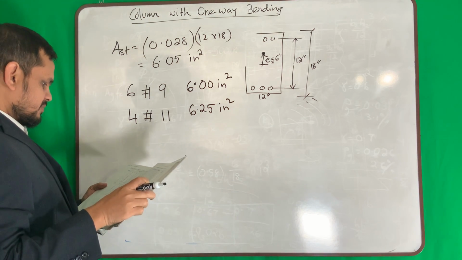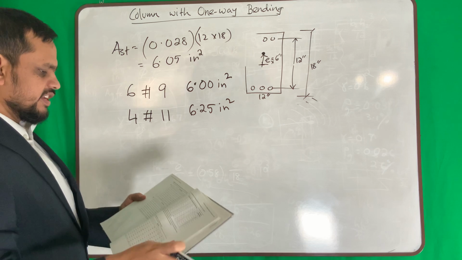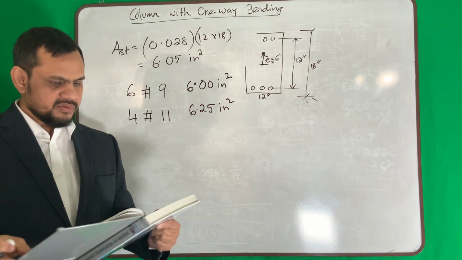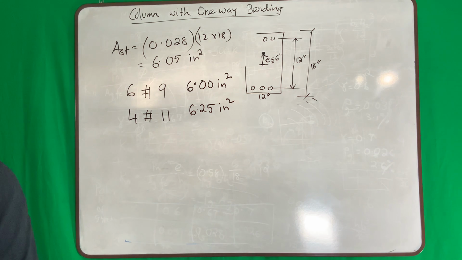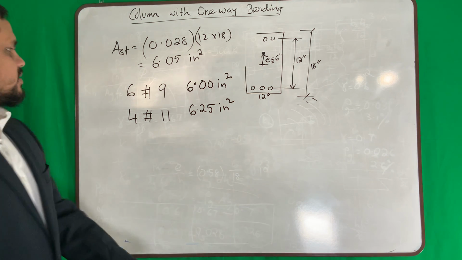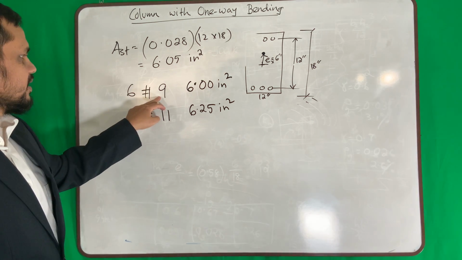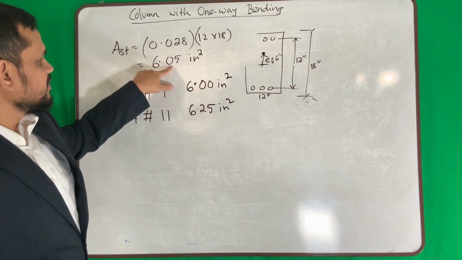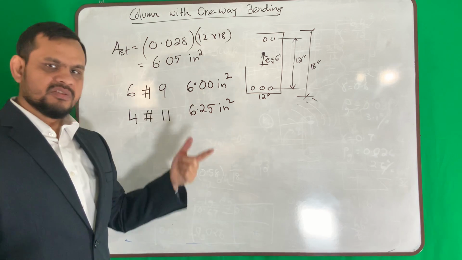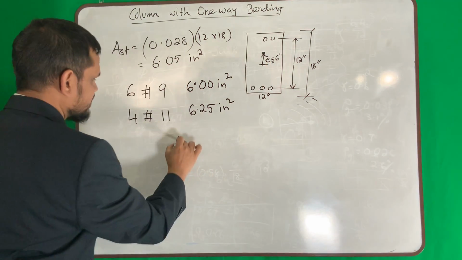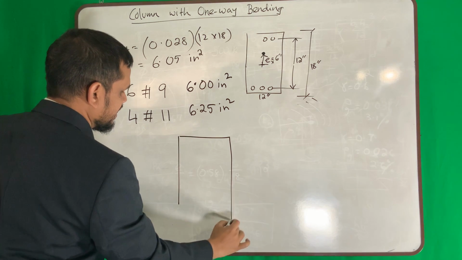If I use other bars, you can spend so much time here to find a good number, but I will stop here. So if I use 4 number 11 or 6 number 9, 6.056 is okay.